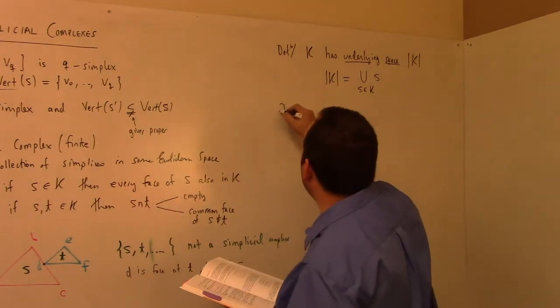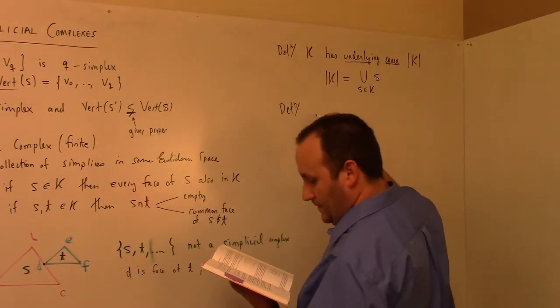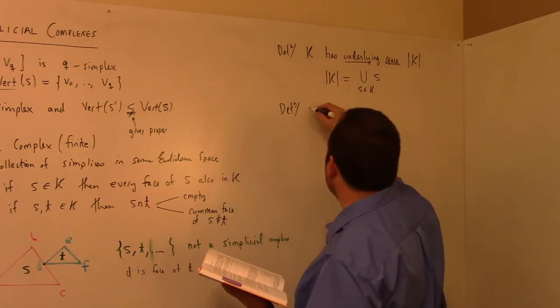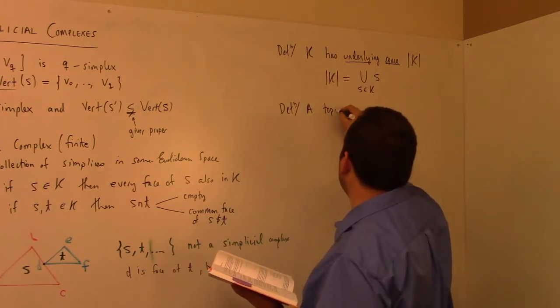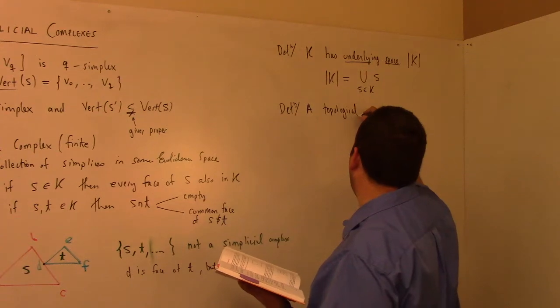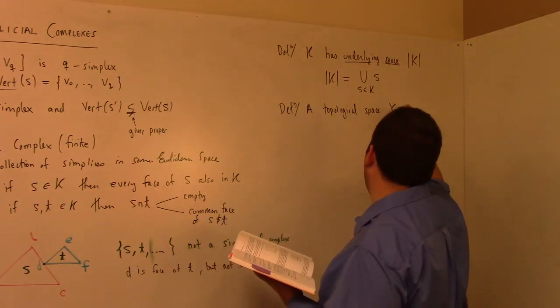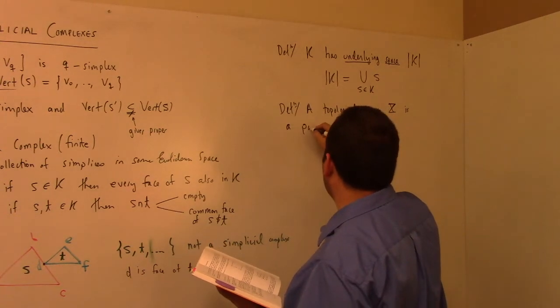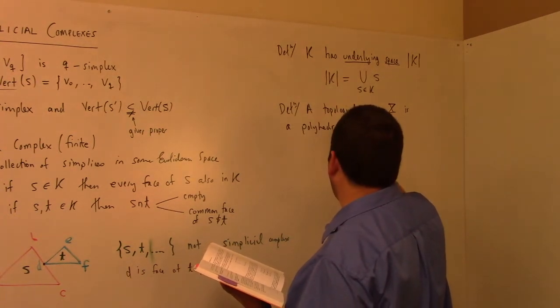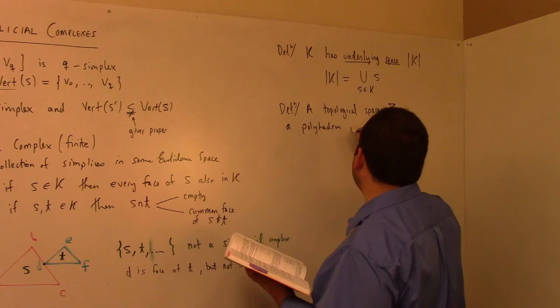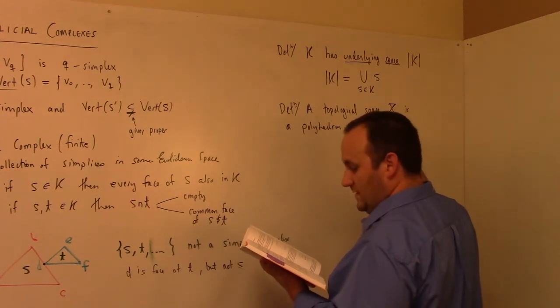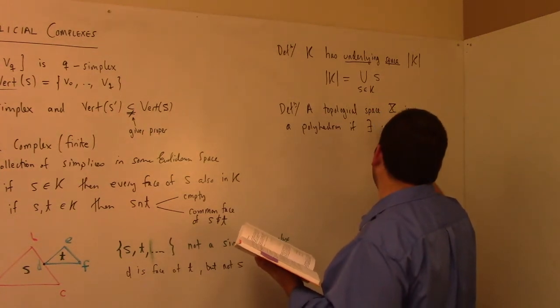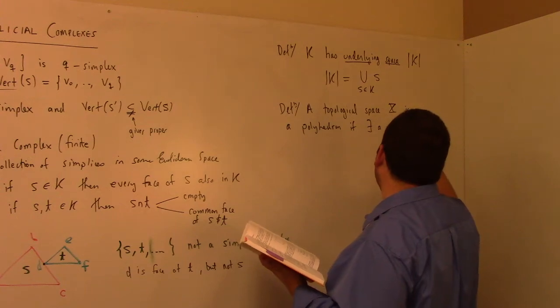Here's a definition then. What's a polyhedron? A topological space X is a polyhedron if there exists a simplicial complex, I guess still finite.